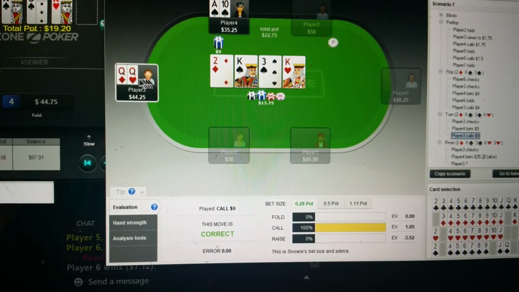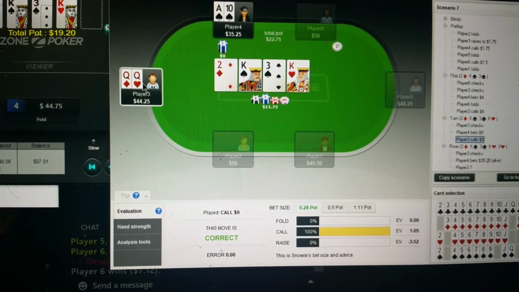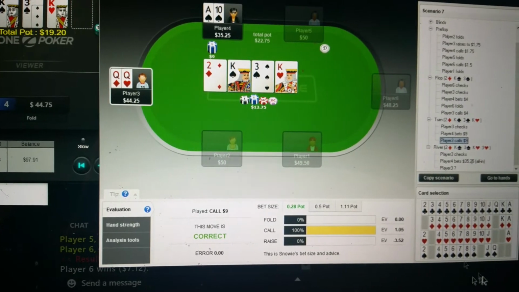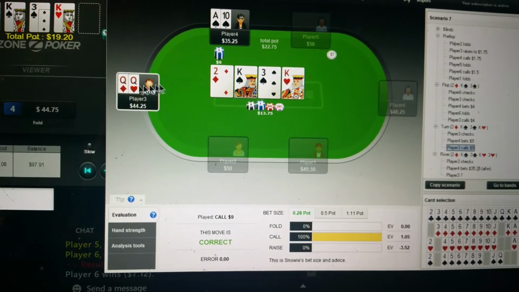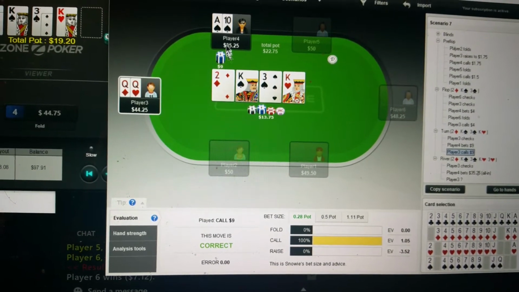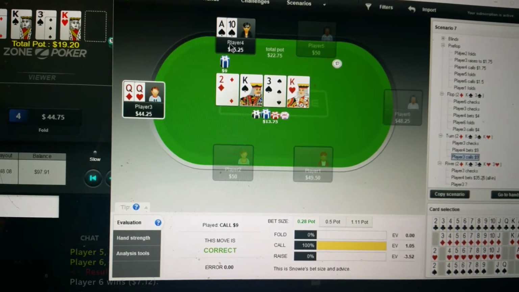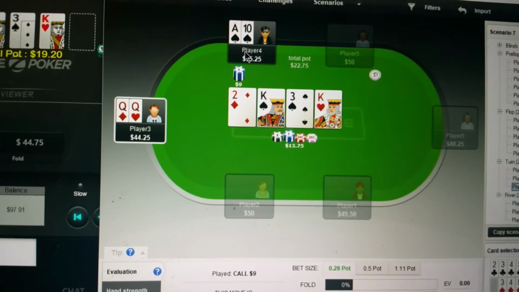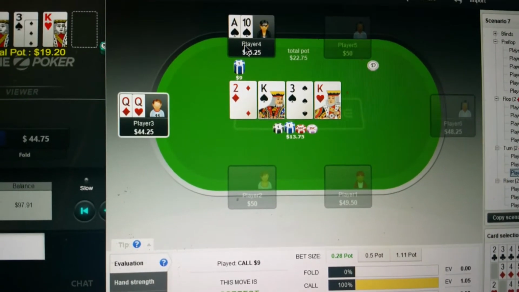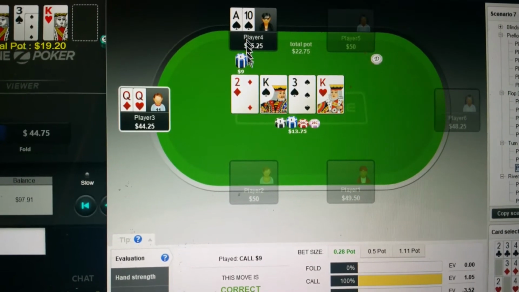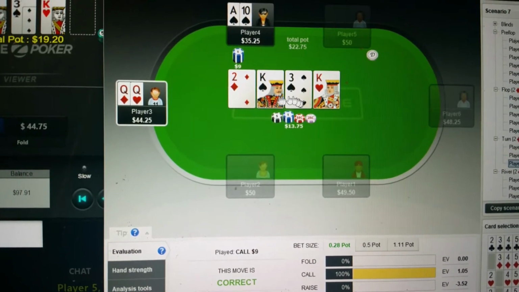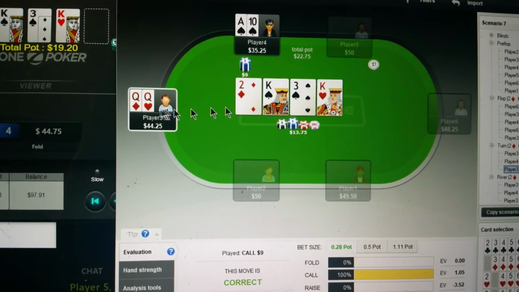I'm supposed to still call. See, the card removal is if I held a spade, then he's less likely to have a flush draw. He's less likely to be on a draw, just very slightly though. So Doug Polk makes a big deal about this, but in reality, Snowy doesn't really give it too much weight in most cases.